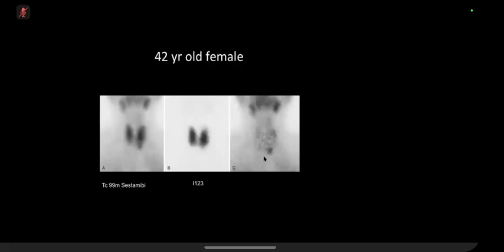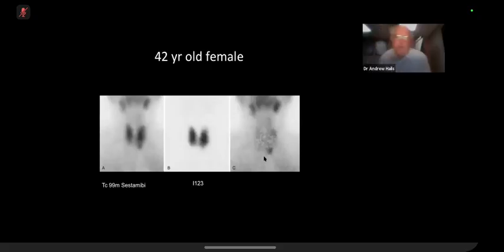I don't know the exact phases, but I think I can see that there is uptake of the radioisotope in the thyroid gland and the salivary glands, which I think is normal. But on what I think is the delayed image, image C, there's a small area of persistent uptake in the region of the left lower thyroid, which could be a sort of abnormal parathyroid.